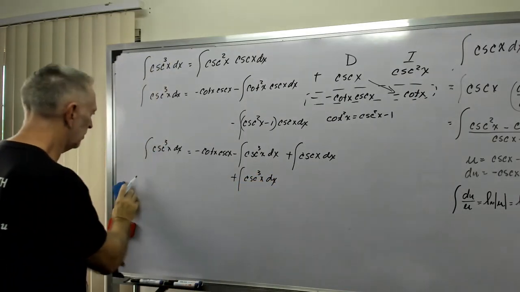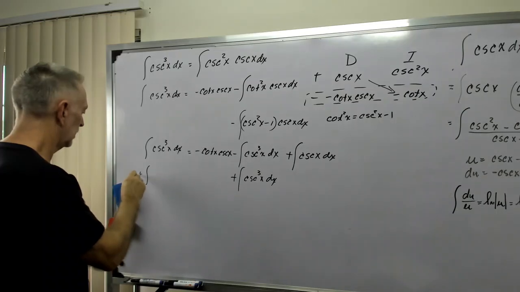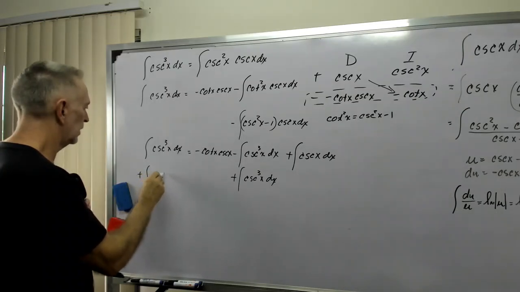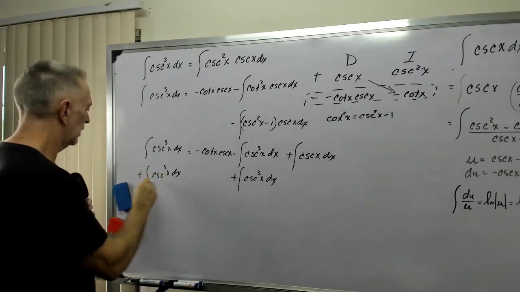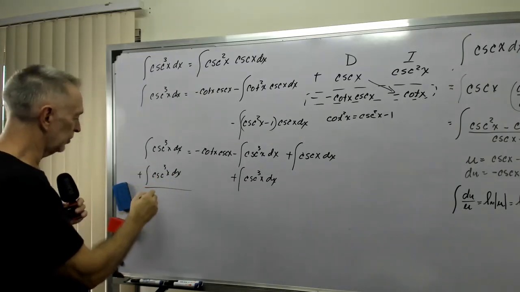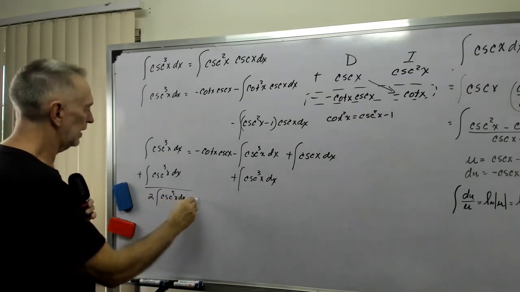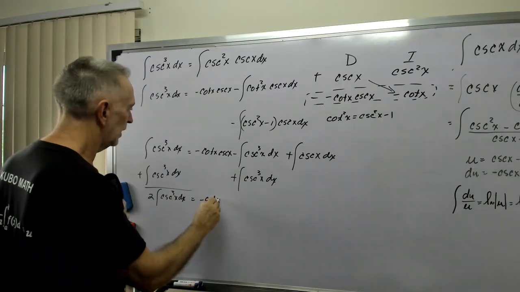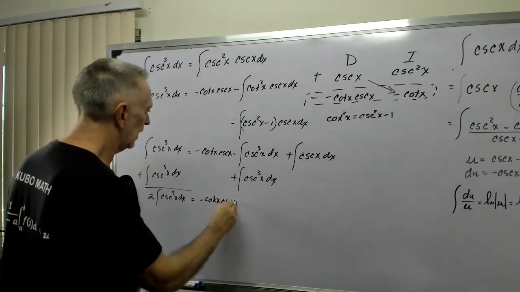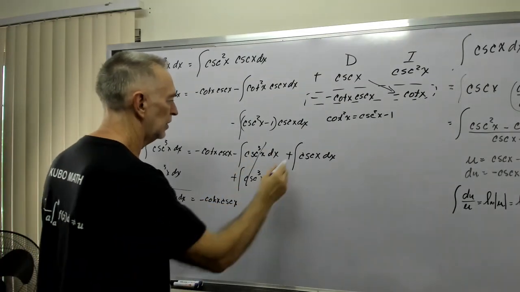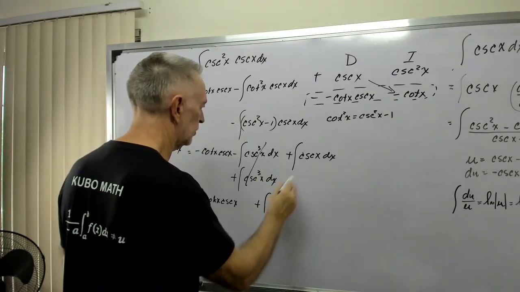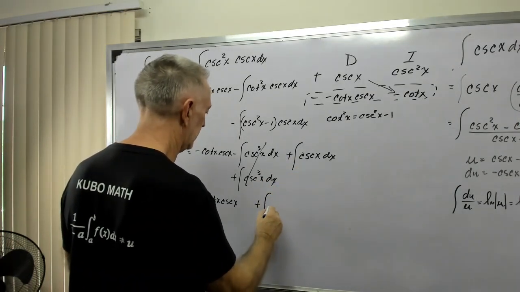But I add one to both sides. Okay, so that gives me obviously two of these. 2 times the integral of cosecant cubed x dx, and that equals minus cotangent x cosecant x, these cancel, plus the integral of cosecant x dx.